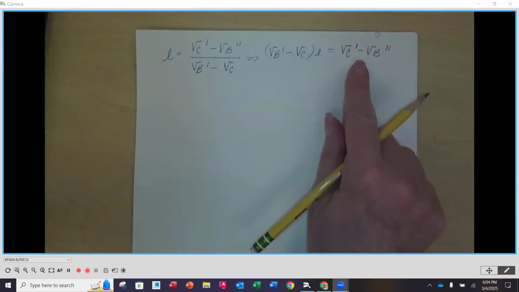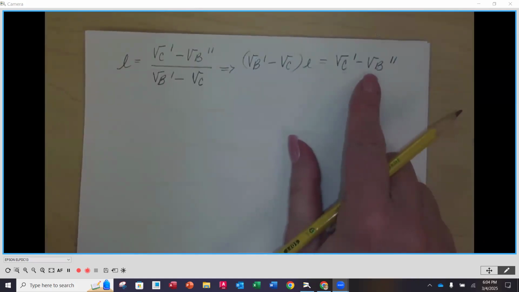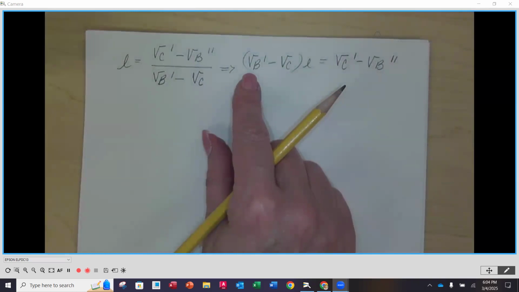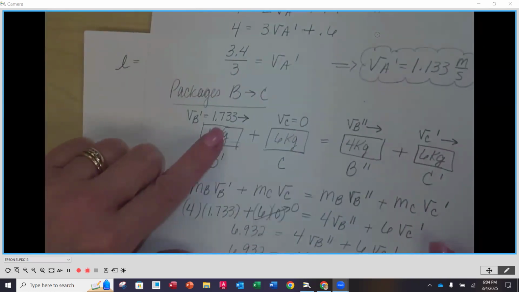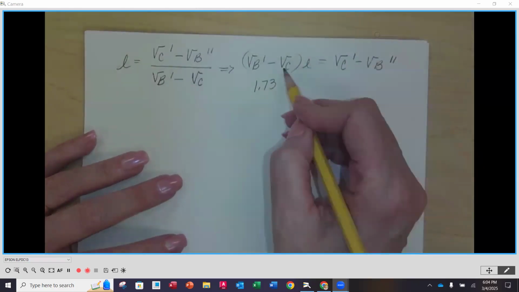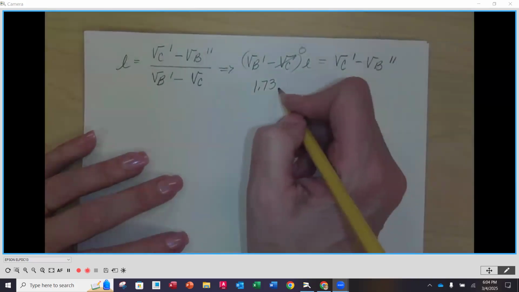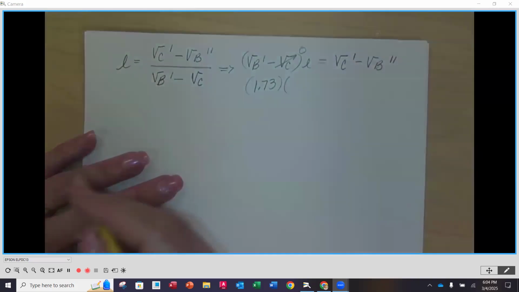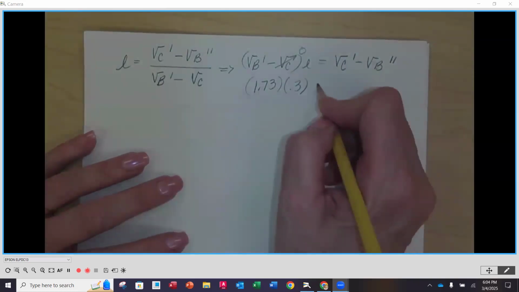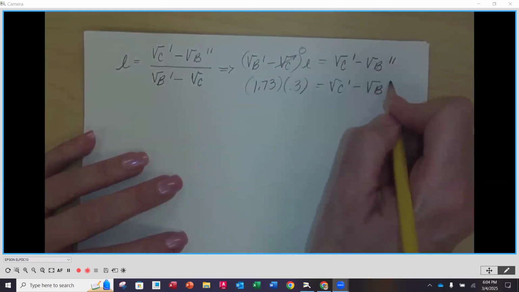These are the 2 unknowns common with our equation number 1. Now we fill in what we know. Velocity of B prime is 1.733, velocity of C was at rest so that's 0, and we multiply by our coefficient of restitution, which is 0.3.